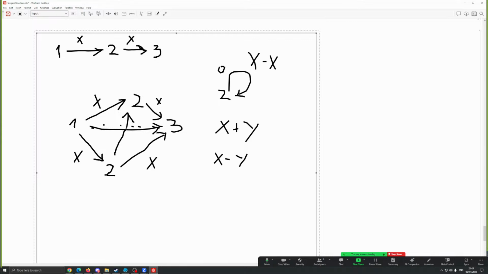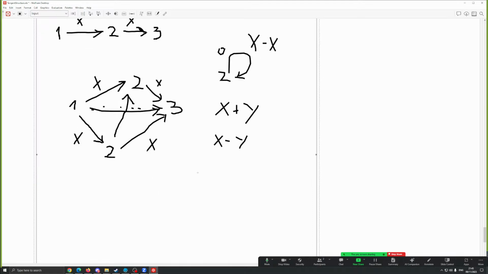Because if this is the case, if this diagram holds, then sure enough, you have x minus x equals 0, right?